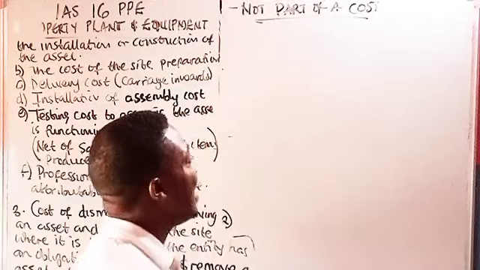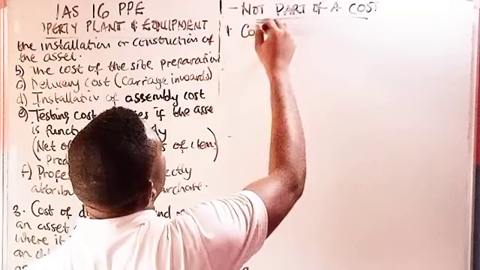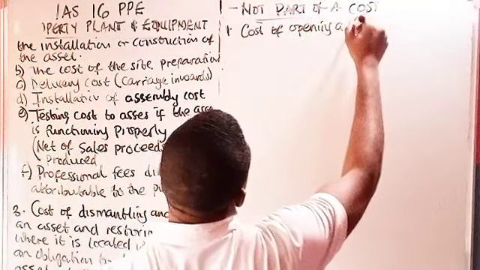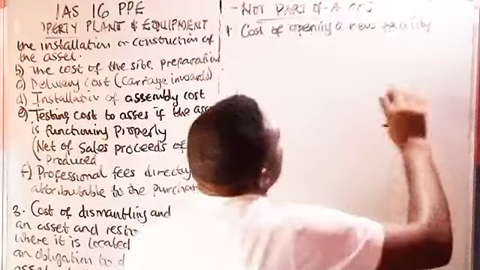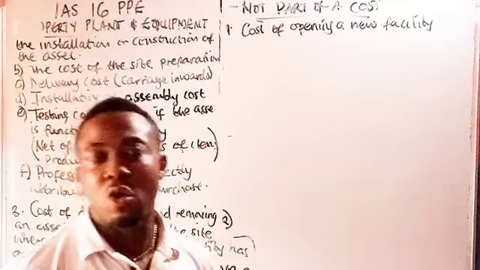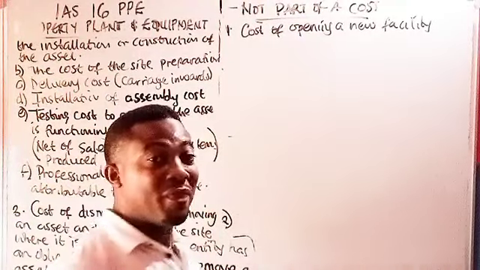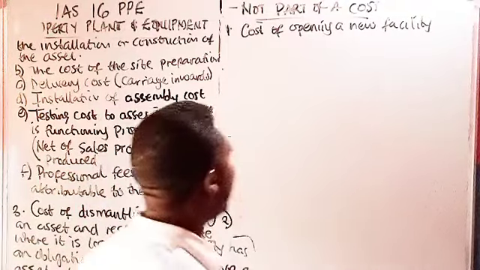Okay, so the items that are not part of a cost. The first one, the cost of opening a new facility is not included as a cost of an item of PPE. Okay, take note of that.